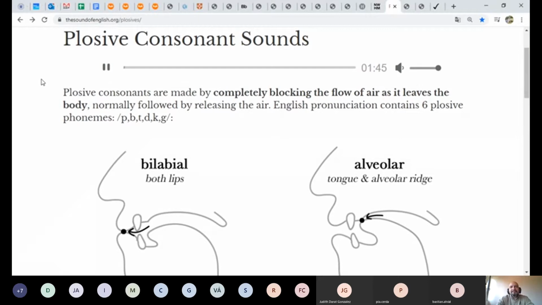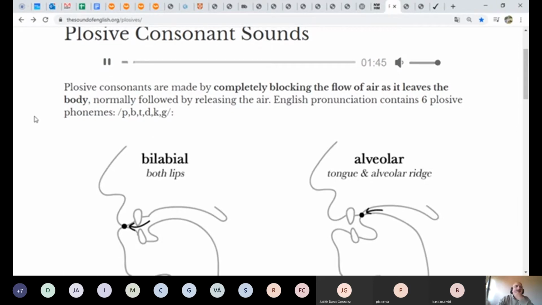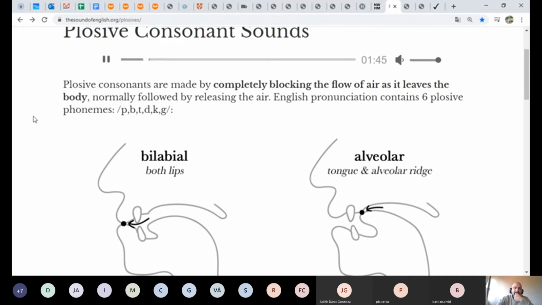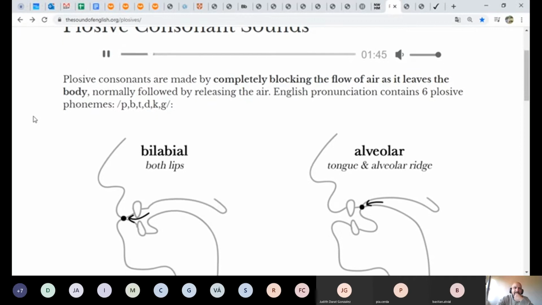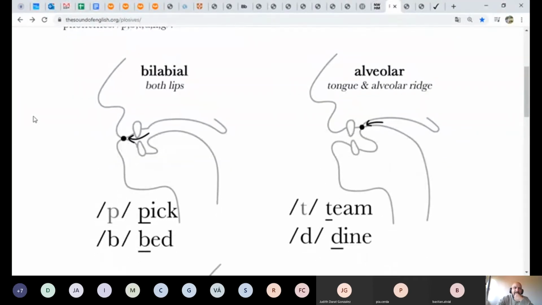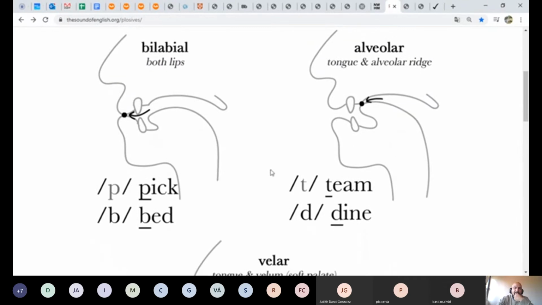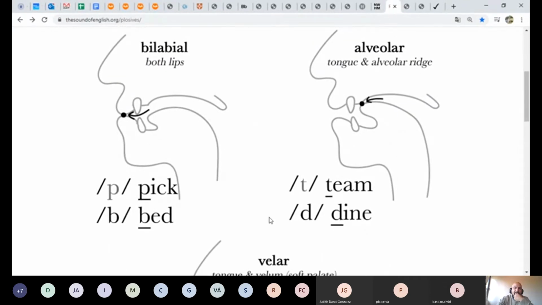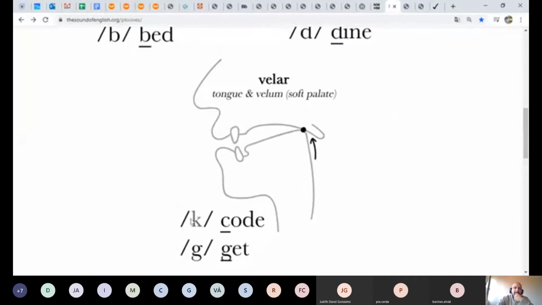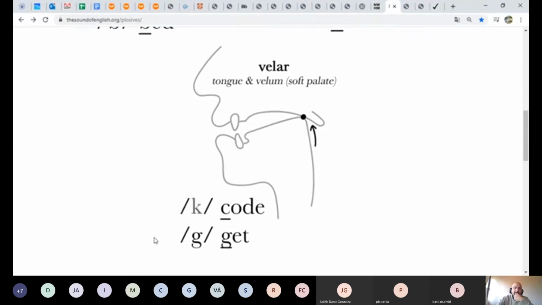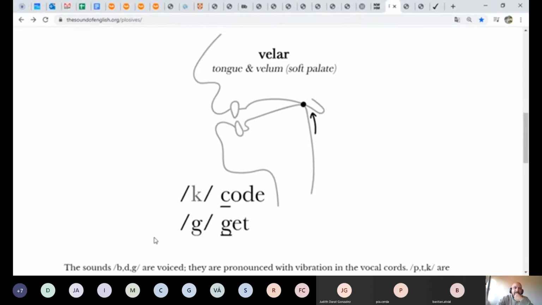Plosive consonants are made by completely blocking the flow of air as it leaves the body, normally followed by releasing the air. English pronunciation contains 6 plosive phonemes: p, as in pick; b, bed; t, team; d, dine; k, code; g, get.